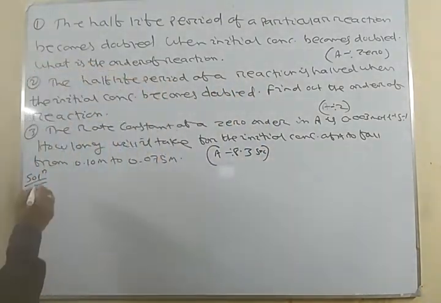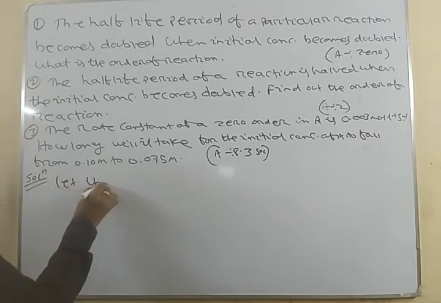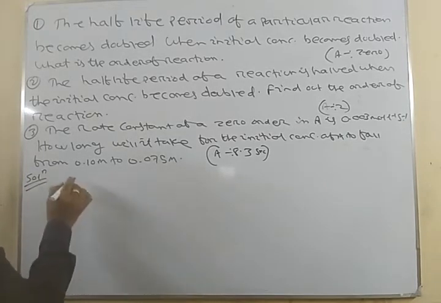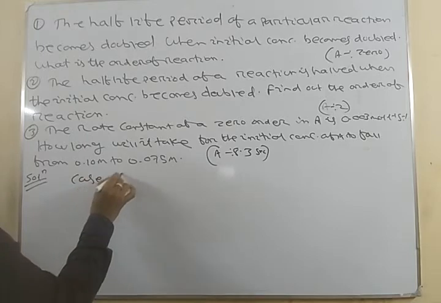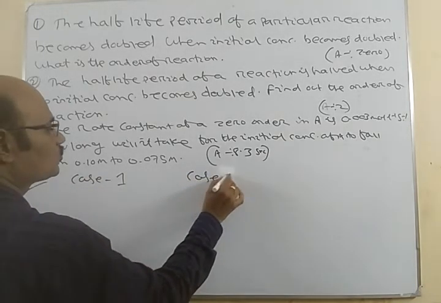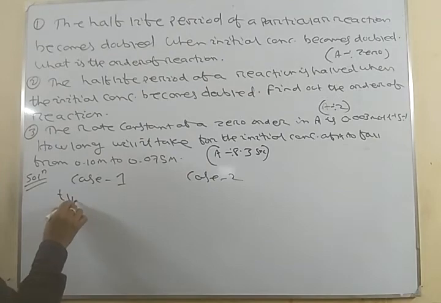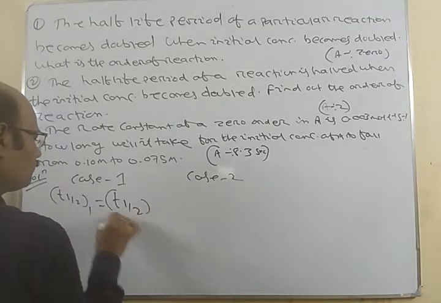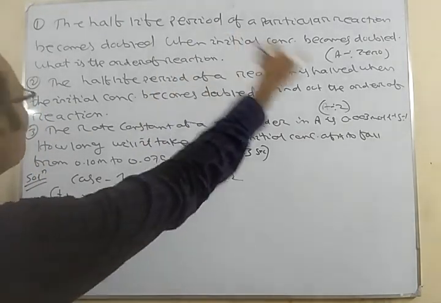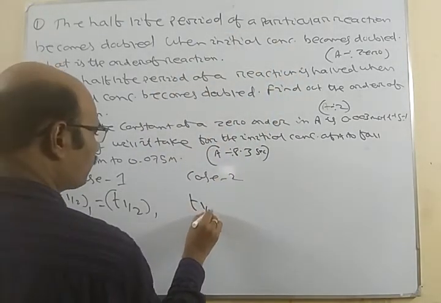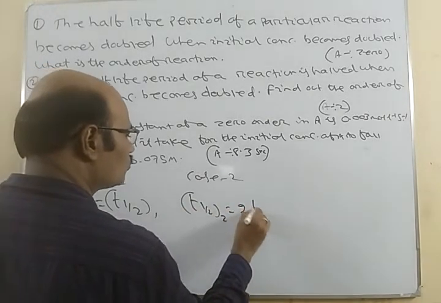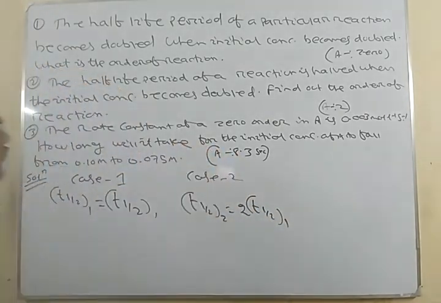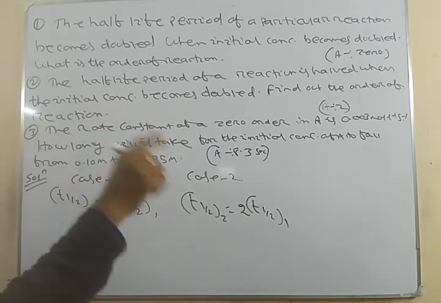So what can you say? Let us organize case 1 and case 2 here. Here t half 1, the half-life period of a particular reaction, becomes double. So t half 2 equal to 2 t half 1 when the initial concentration becomes double.